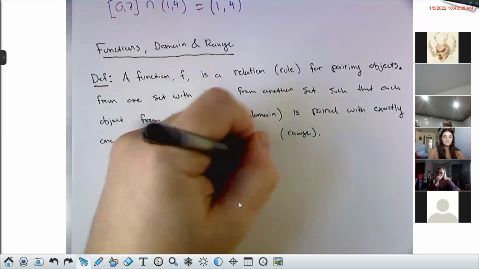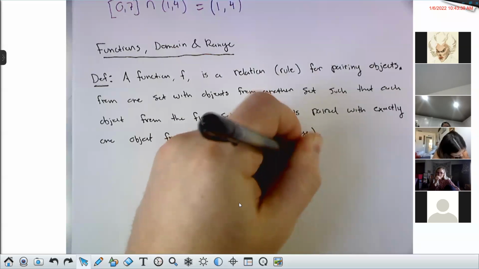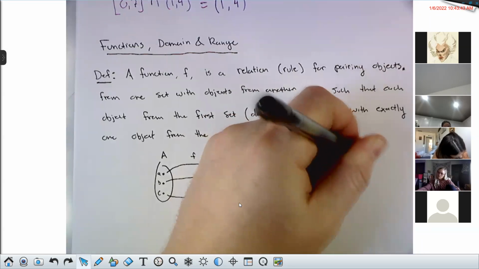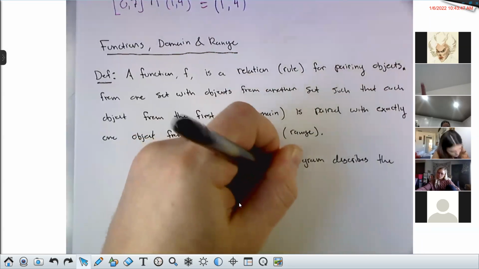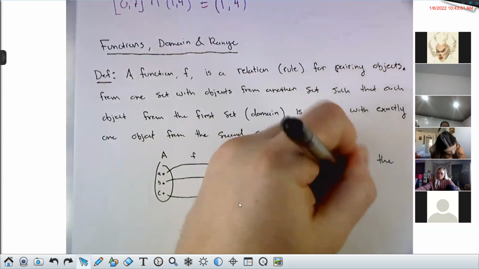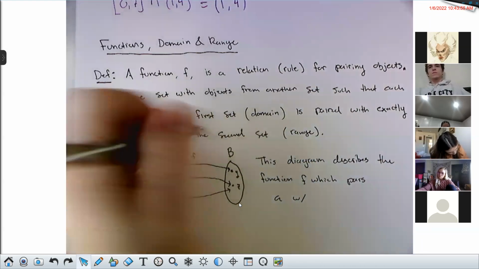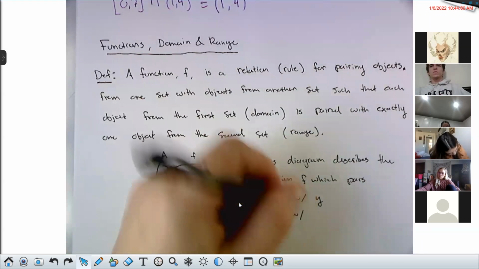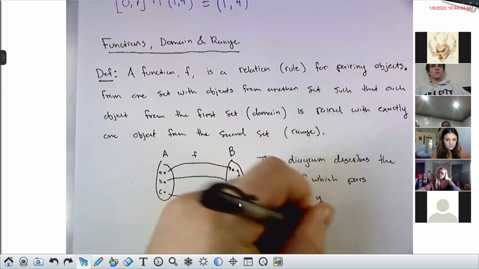This diagram describes the function f, which pairs a with y, pairs b with z, and pairs c with z.